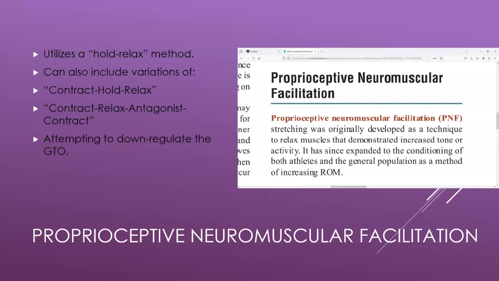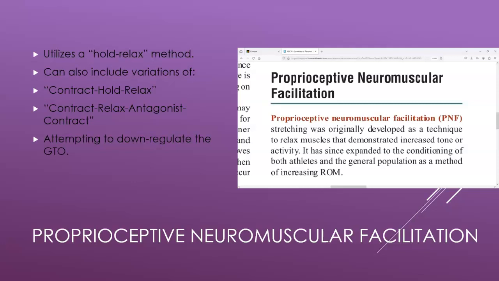So let's go back to our hamstring example. You're having the person stretch, you're holding a stretch for them, then the person who's being stretched will contract their hamstring, try to push against the person who's doing the stretching, push, push, push, push, push, and then relax. Push, push, push, push, push, push, push, relax.